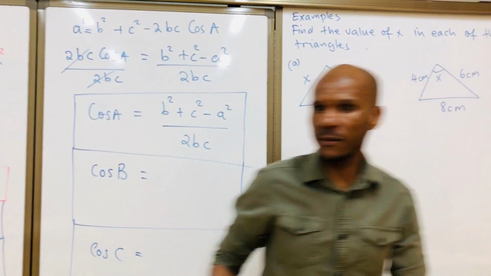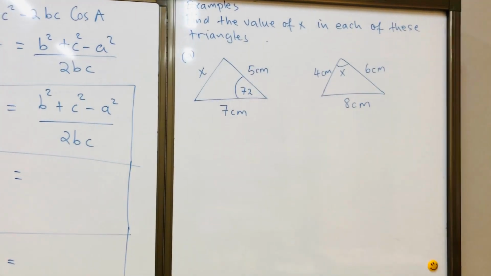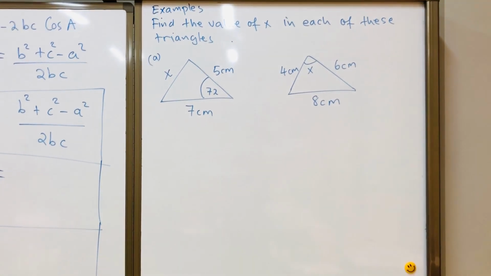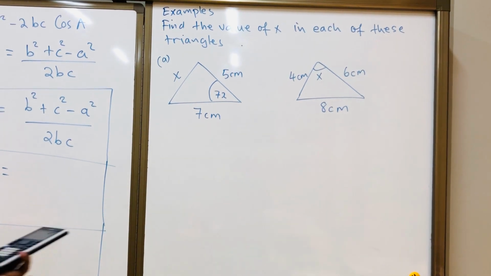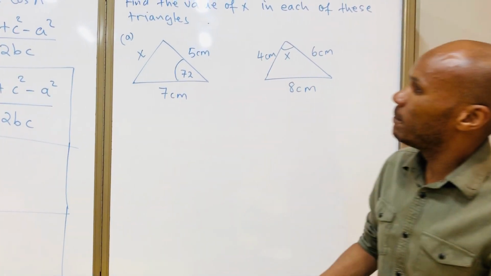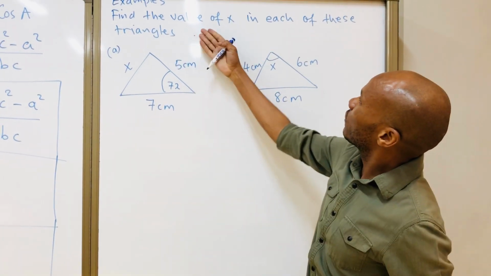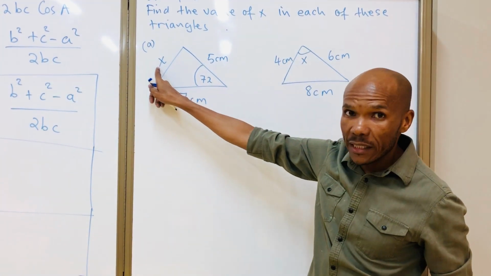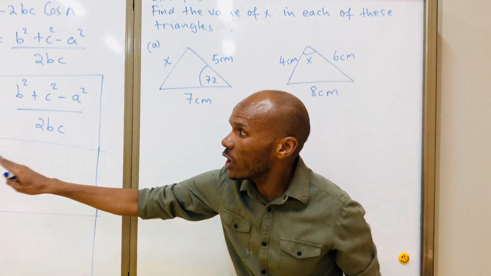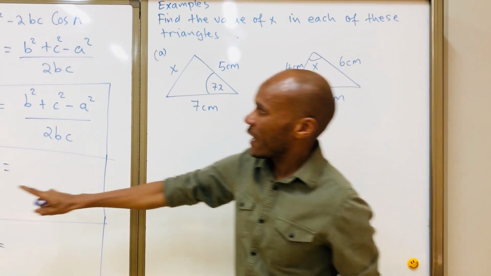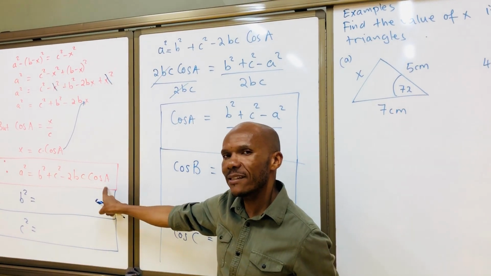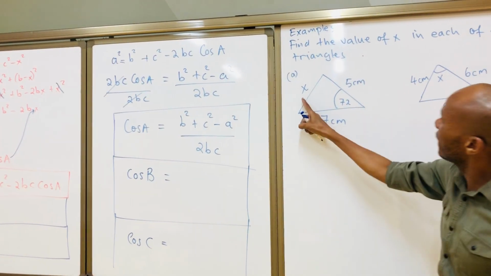Here is my calculator. Here we want to find the value of x. Here we are looking for the side. We said if we are looking for the side, so as I was asking for the relationship between the side and the angle given, now let's look here.